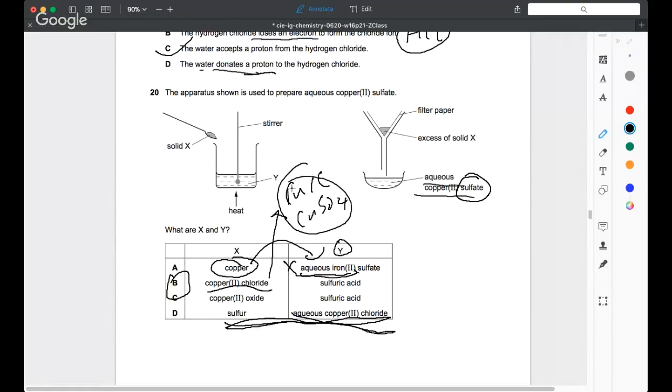They are both soluble, so they cannot be separated by filtration, because remember, filtration is to separate a solid from liquid, but if both are liquid, you cannot separate them by filtration. So it can't be B, and the right answer is C.